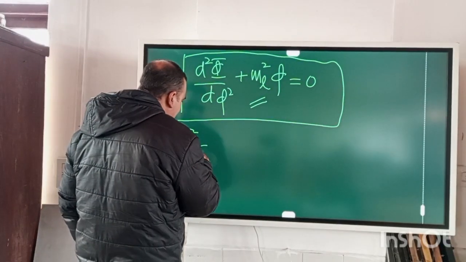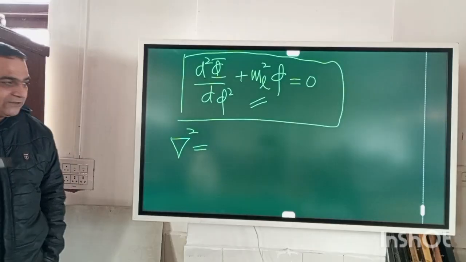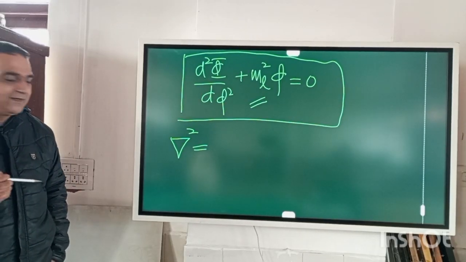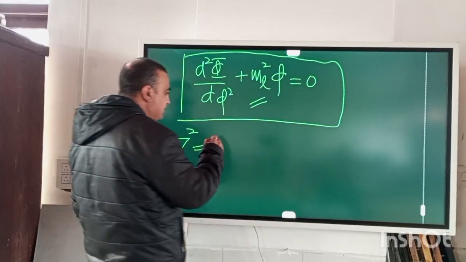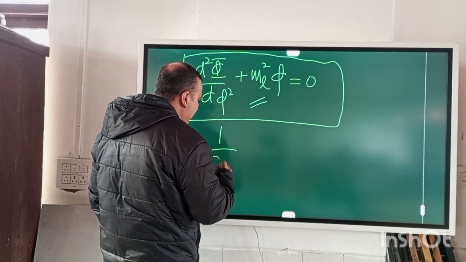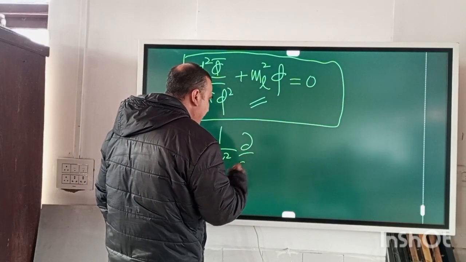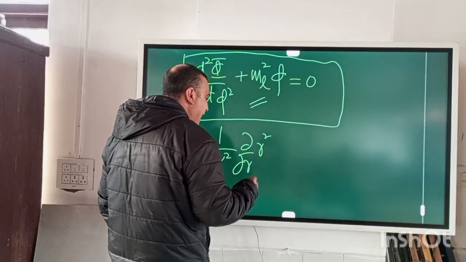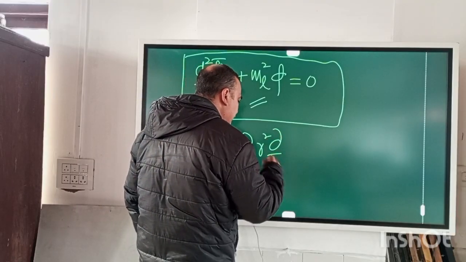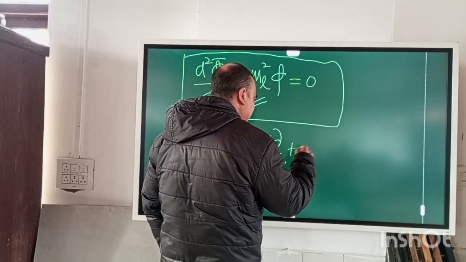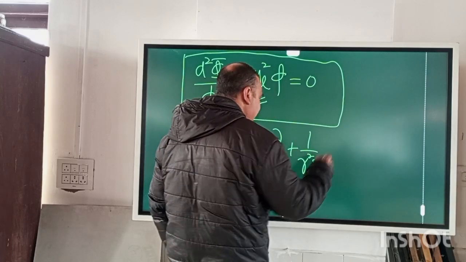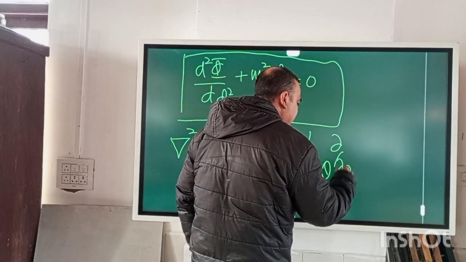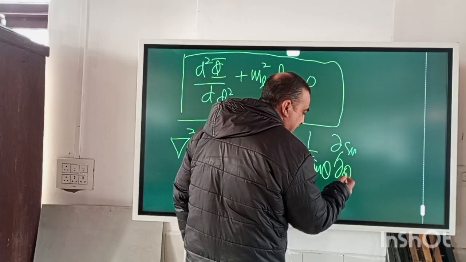I would rather like to write it again because some of the students were absent yesterday. So the Laplacian operator in the spherical polar coordinates is 1 by r square dou by dou r of r square dou by dou r, plus 1 by r square sine theta dou by dou theta of sine theta dou by dou theta, where this theta is small theta.